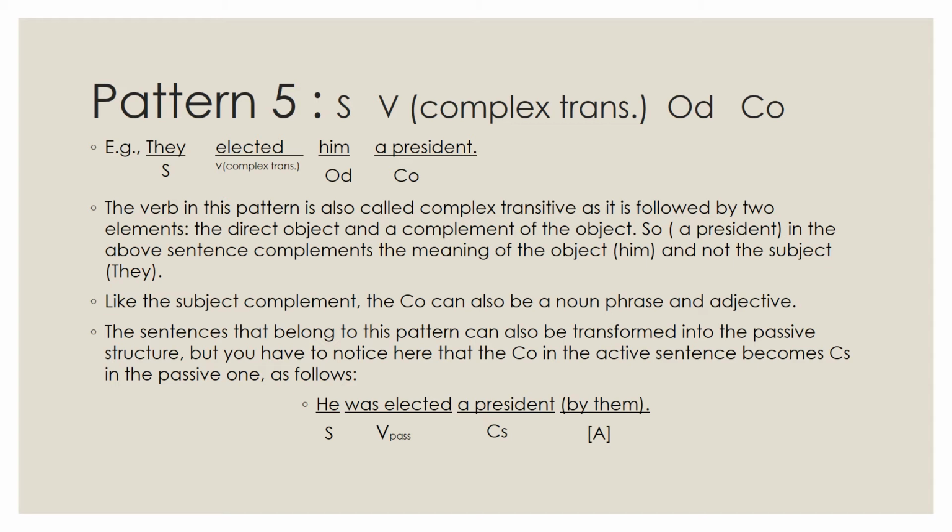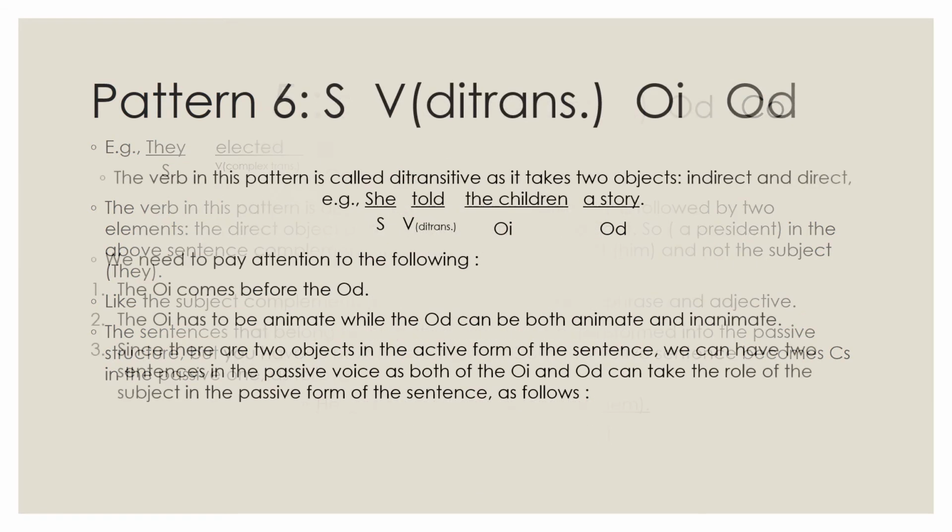But when we transform it into the passive voice, it becomes what? Subject complement, because it complements the meaning of the subject. What about "by them"? It is an adjunct, and as you see we have put it between two brackets to say that it is what? An optional element. 6.